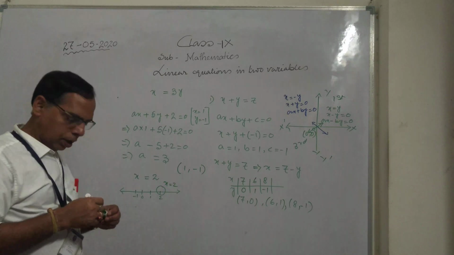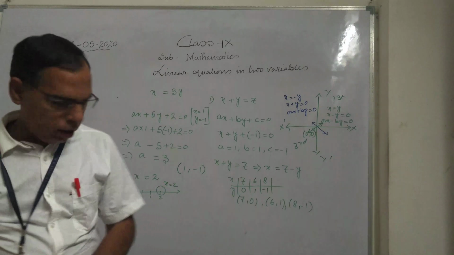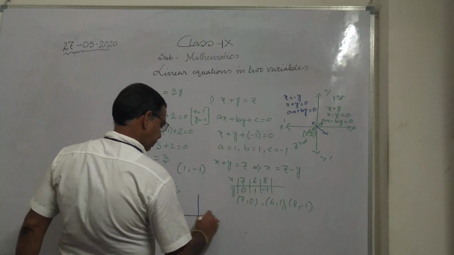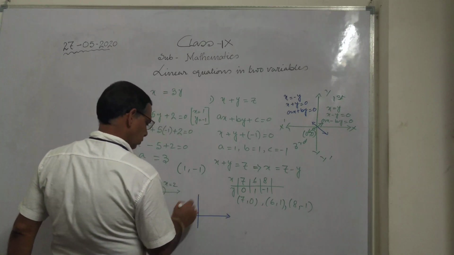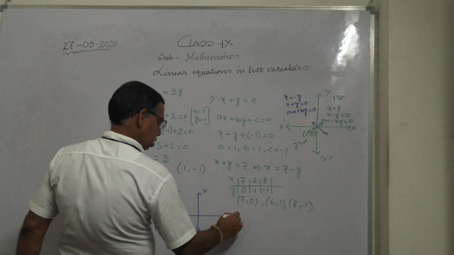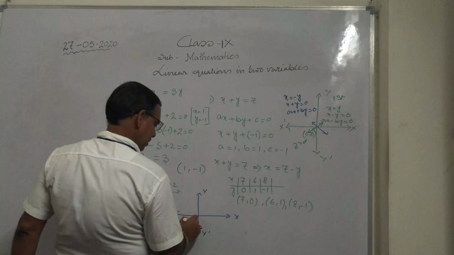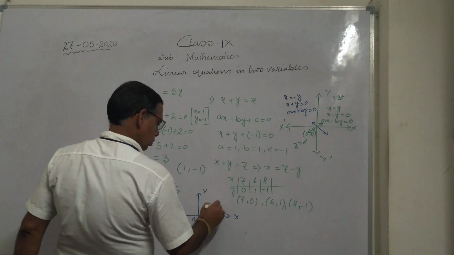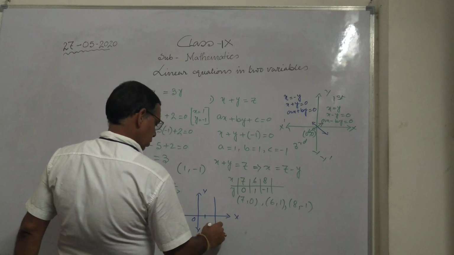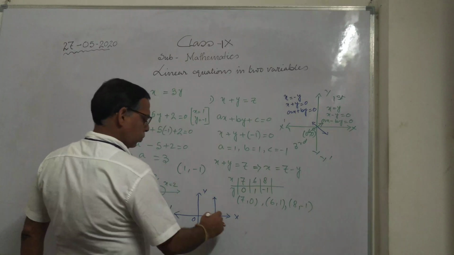Now in two variable, what we have to do? This is y, this is y dash, this is x dash, 1, 2. So this is the 1.